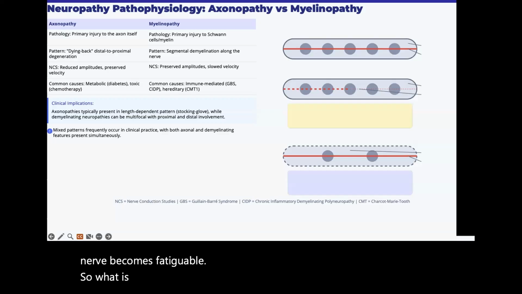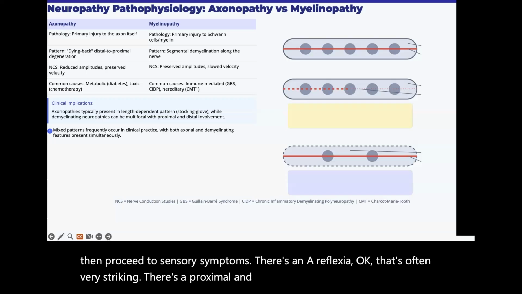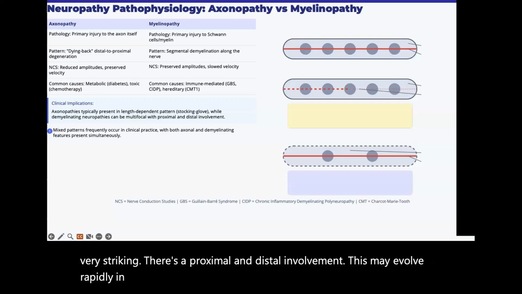So what is the clinical pattern? Well, they typically will start with weakness and then proceed to sensory symptoms. There's an areflexia. Okay, that's often very striking. There's proximal and distal involvement. This may evolve rapidly in something like Guillain-Barré or a chronic situation, CIDP, chronic inflammatory demyelinating polyneuropathy.